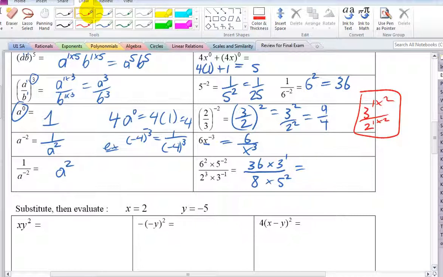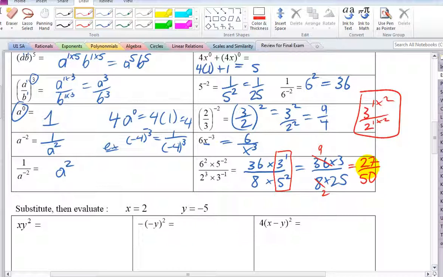So what I did here is I flipped the 3 and the 5. And the only reason why I flipped both of them was because they both had negative exponents. And so now you get 36 times 3 all over 8 times 25. 8 and 36 can divide by 4. You get 2 and 9. And so you get 27 over 50. Final answer. Okay. Any questions?